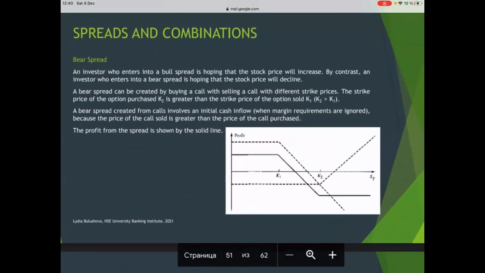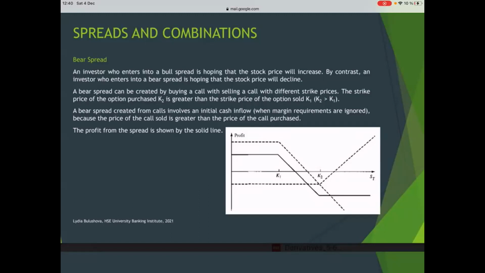Our final group of slides for today is the bear spread. A bear spread, as you can see from the program, works as an insurance when an asset price decreases.